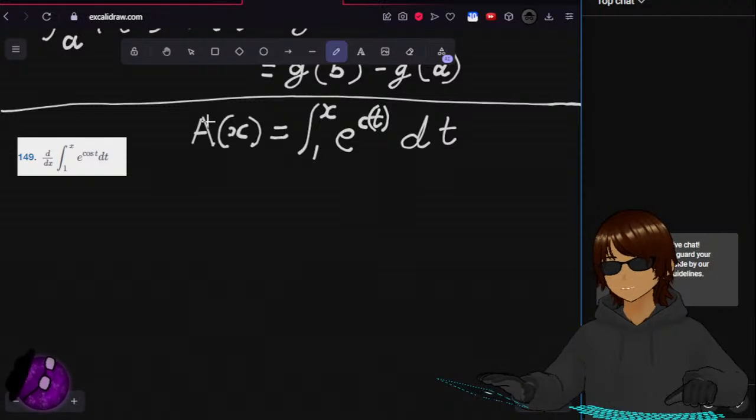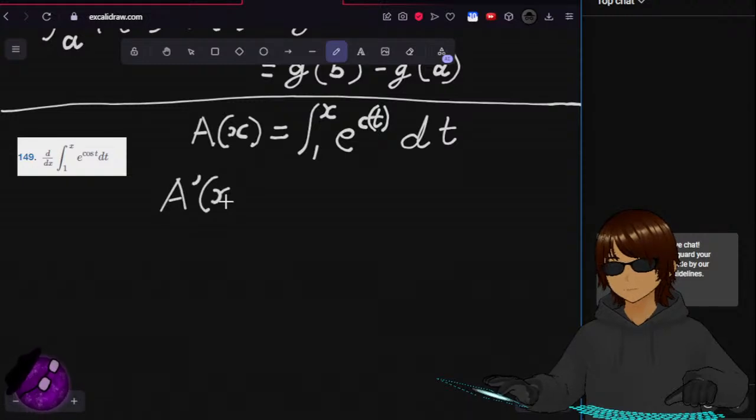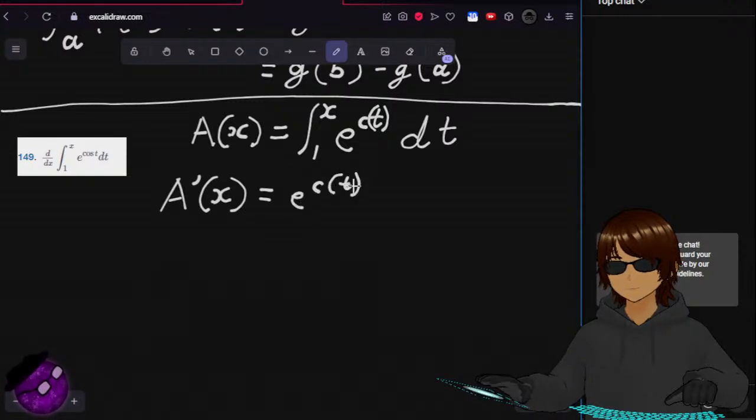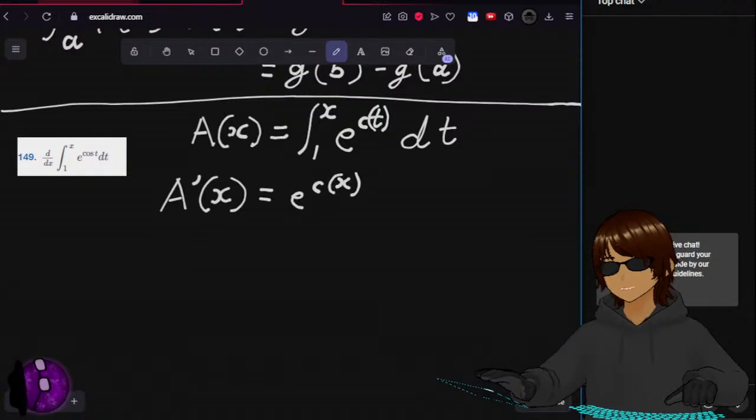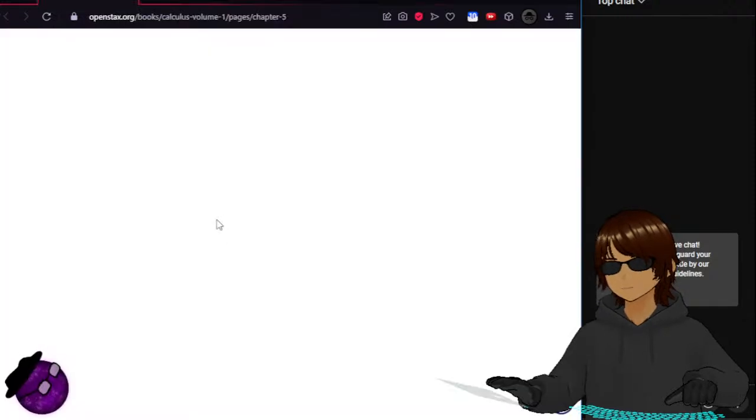So the derivative of this would be the original function with the value x. Oops. Let's see. 149.